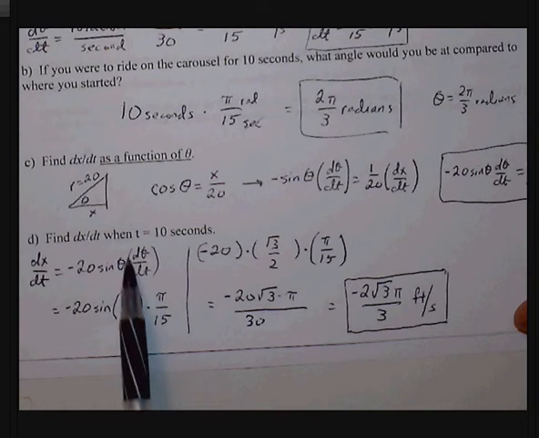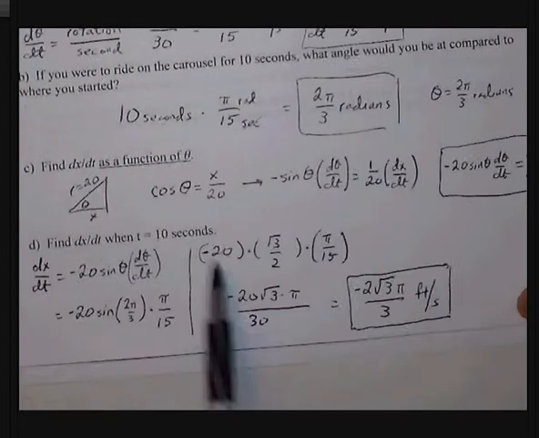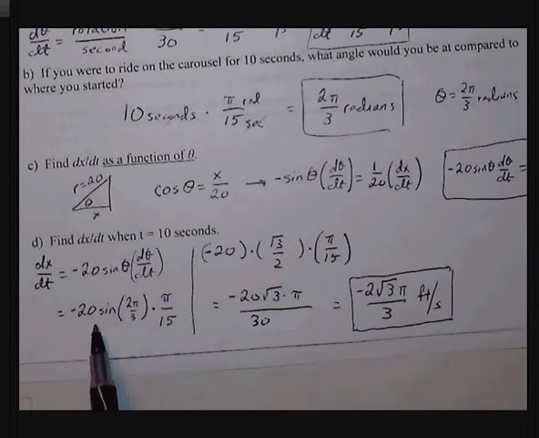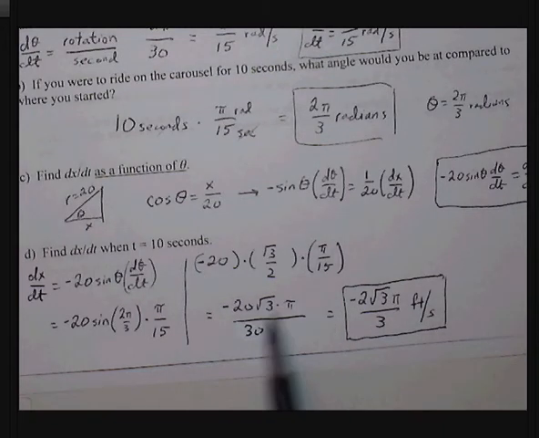So then multiply this through. Sine of 2 pi over 3 is simply root 3 over 2 times negative 20 times pi over 15. Put all this on the same fraction, cancel out. We get negative 2 root 3 pi over 3 feet per second.